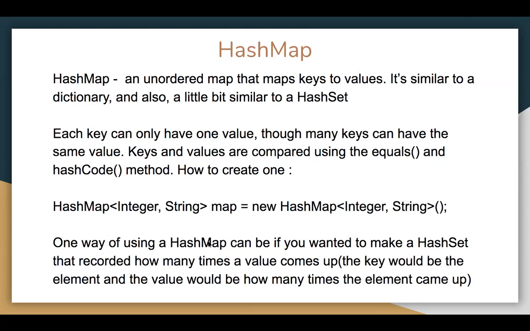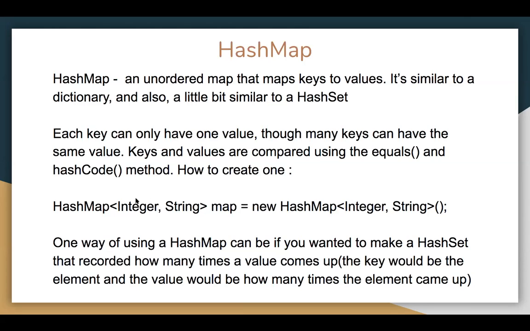One way of using a hash map can be if you wanted to create a hash set that recorded how many times a value comes up. The key would be the element, and the value would be how many times the element came up. So basically, if you swap these two, you would be able to calculate how many times a value comes up.